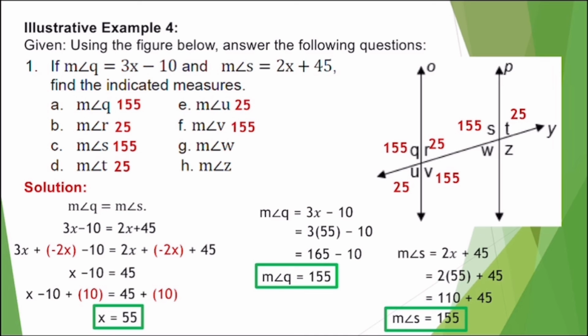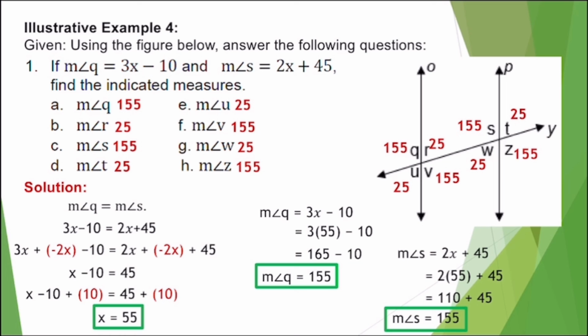Next, for our angle W, since angle W corresponds to angle U, the degree measure of angle W is 25 degrees. And for our last, since angle Z corresponds to angle V, the degree measure of angle Z is 155 degrees.